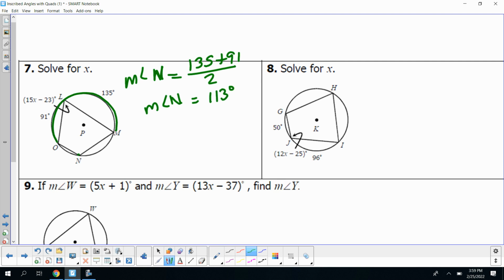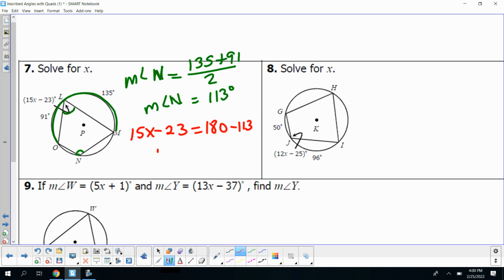Okay, now I know that the measure of angle N and the measure of angle L are going to be supplementary. So let's take the measurement of angle L, 15x minus 23, and set it equal to 180 minus our 113. And then we will simplify.